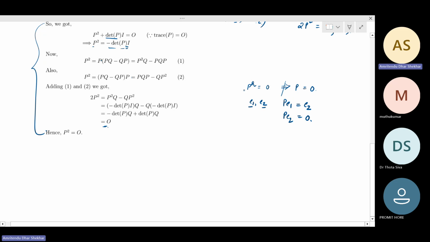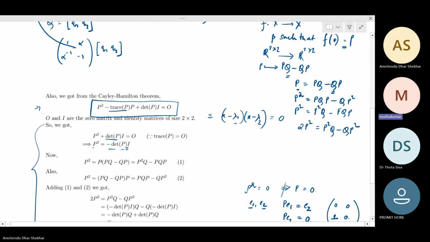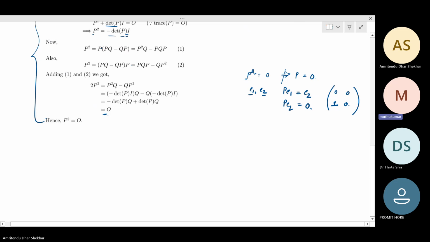If you write this linear map P in matrix form, it will look like this. And of course, you will see that P squared is equal to 0, but P is not equal to 0.